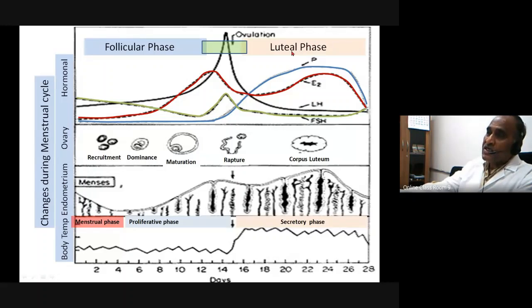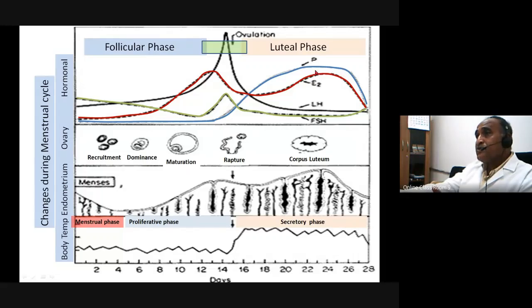There are menstrual cycles which are called anovulatory menstrual cycles. In that case, you don't have this progesterone peak because there is no ovulation. If there is no ovulation, there is no corpus luteum. The progesterone is primarily coming from the corpus luteum.